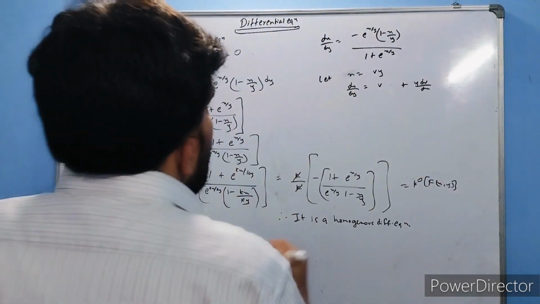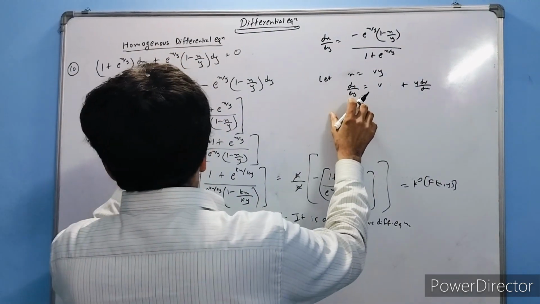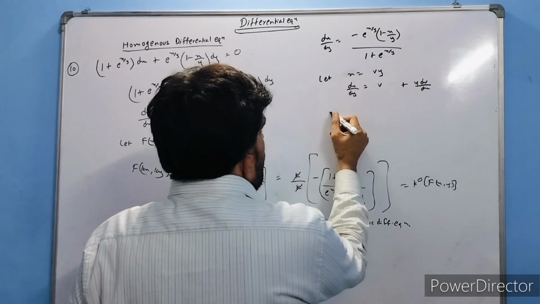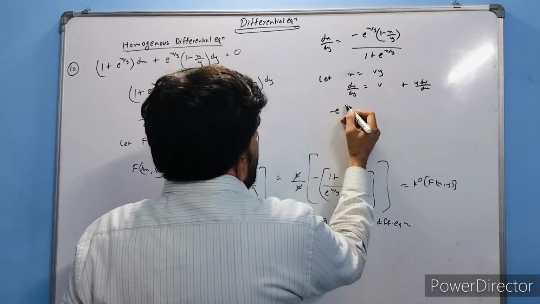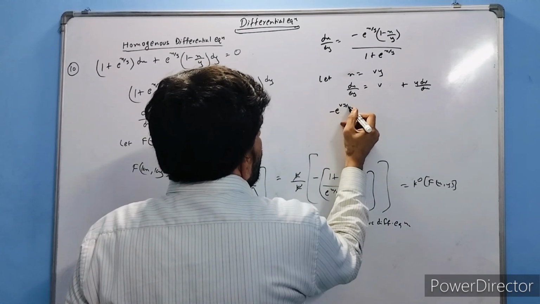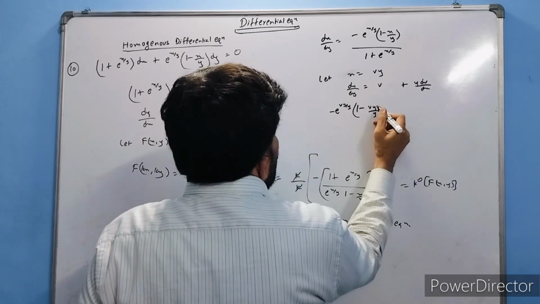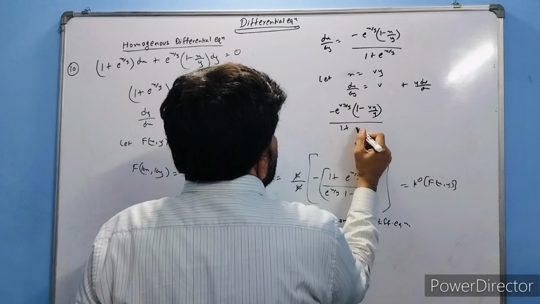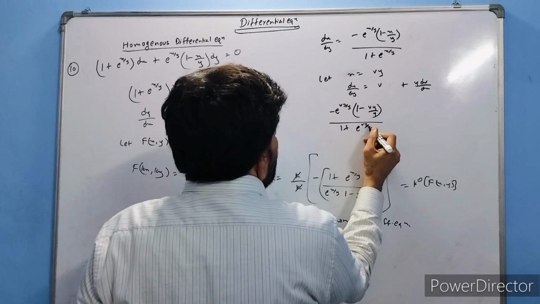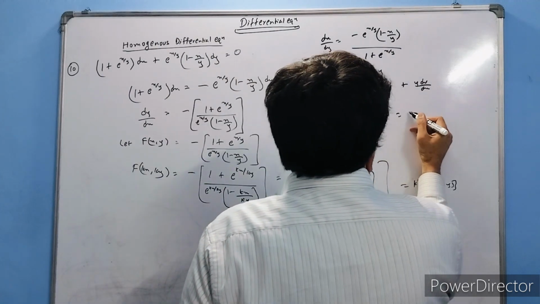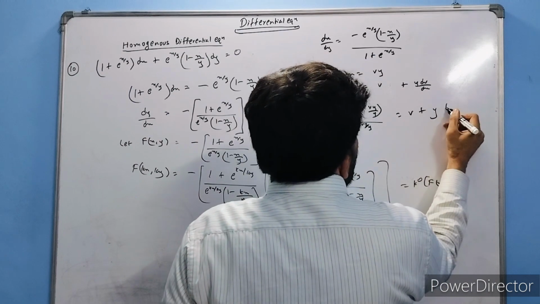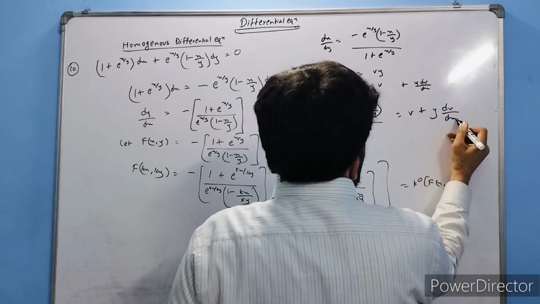And now what will happen? We'll put the value of dx upon dy. We have minus e raised power vy upon y (1 minus vy upon y) upon (1 plus e raised power vy upon y) is equal to v plus y dv upon dy.